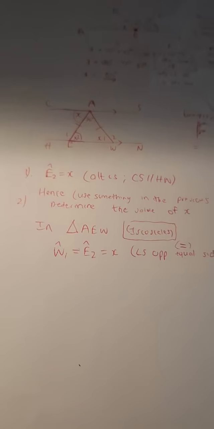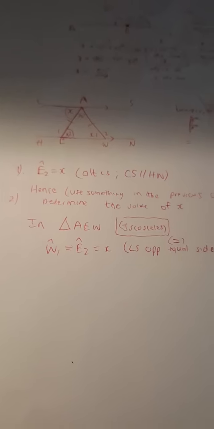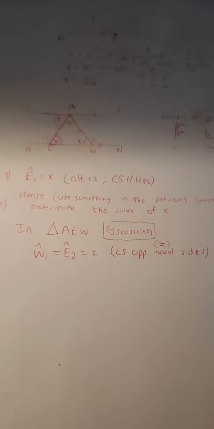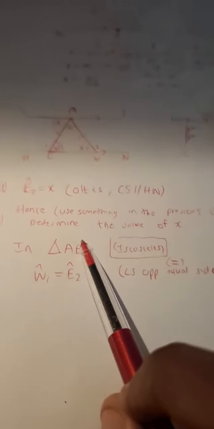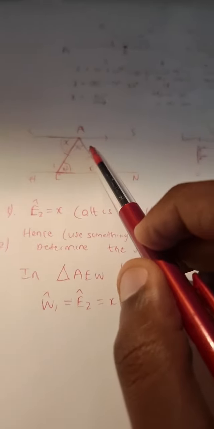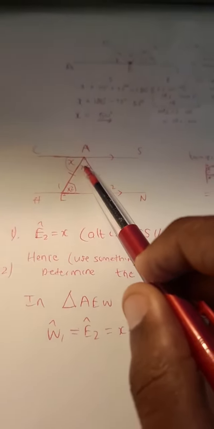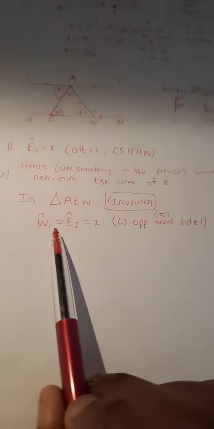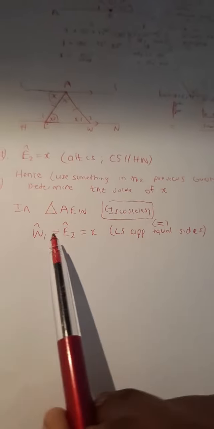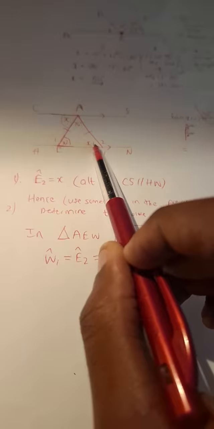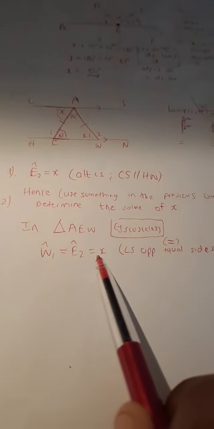Juice did indicate in the beginning the sum of the angles of a triangle, and in order for us to do that, we are still in triangle AEW. What do we have in that triangle? We have 70 and we have two values of x. So now, because we've laid the foundation and my teacher can follow that, I have also indicated that the angle W1 is x.